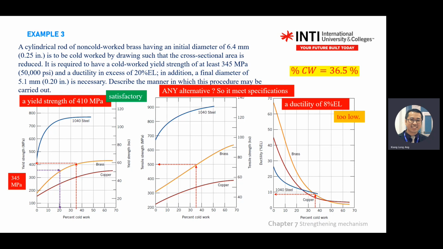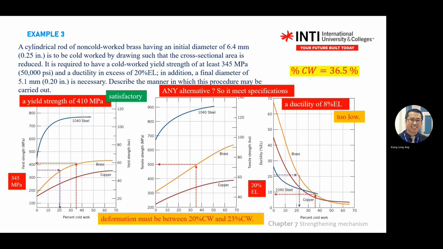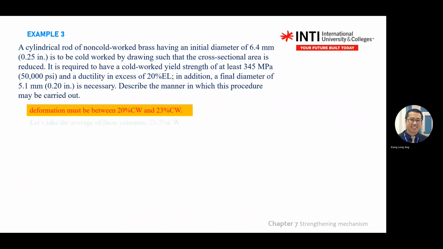The one that you get in your final exam will be a very big graph, so you should be able to get the exact value. Then let's say I get 20%, I go here, 20% elongation, I move down. It's about 20 something. So I compare two graphs, it will be 20 to 23% to meet the two criteria.